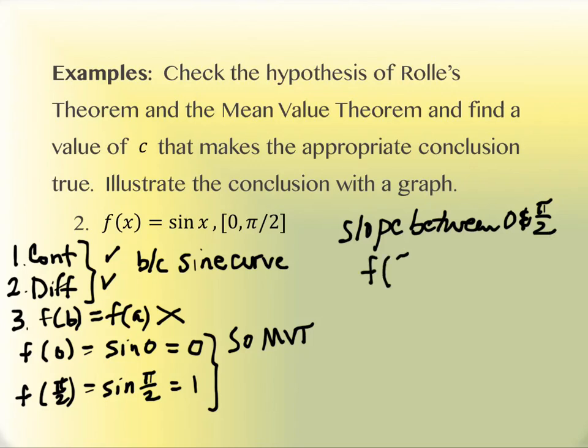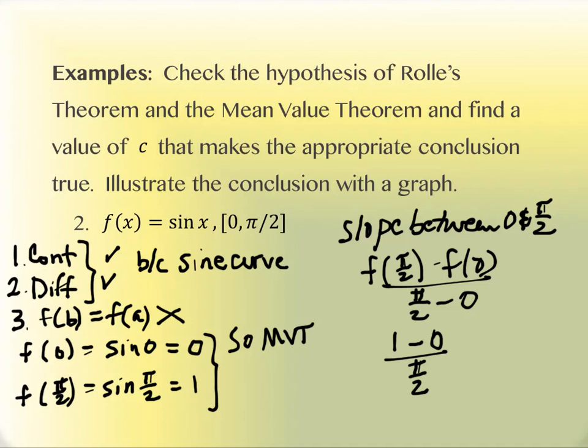This is actually finding f of pi halves minus f of 0 over pi halves minus 0. F of pi halves, we just found it was the number 1. F of 0 was the number 0. And this is over then pi halves. So this is the number 1 over pi halves, which we wouldn't leave written that way.